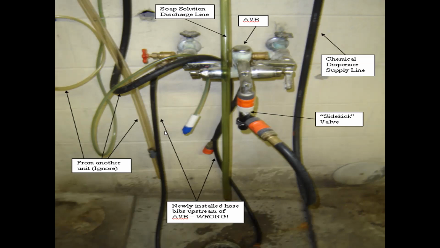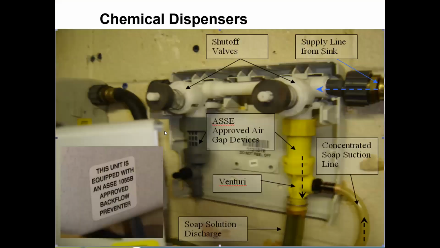So this is another one of those chemical dispensers, again being cut away, just showing you that in general they might look a little different when you open them up, but their setups are very similar. Again, we have an approved built-in air gap that is part of the dispenser. And then on the left side of this slide, there's a picture of, again, you shouldn't have to open these up when you're checking them. If they're an approved device, they should have some kind of sticker or stamp right on their side.